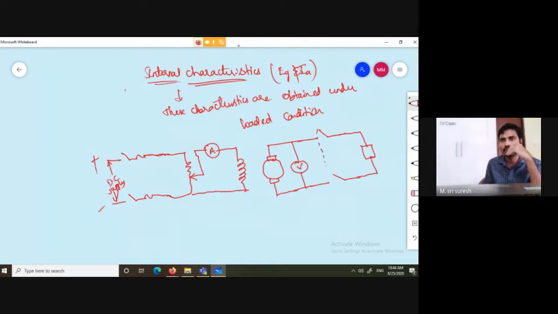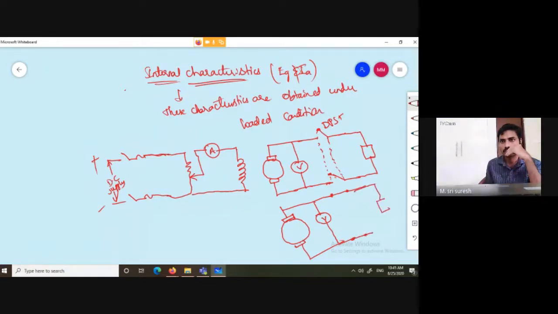Ensure that this DPST switch is in closed condition to conduct the internal characteristics. So again I am drawing the armature and load circuit, only the armature and load circuit, to show how the load is connected to the generator.